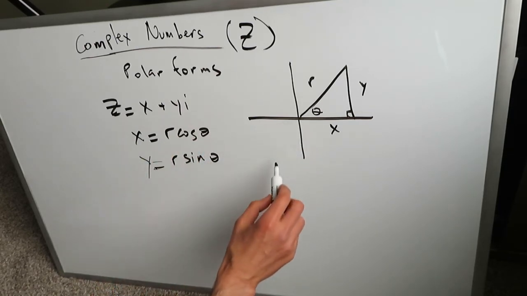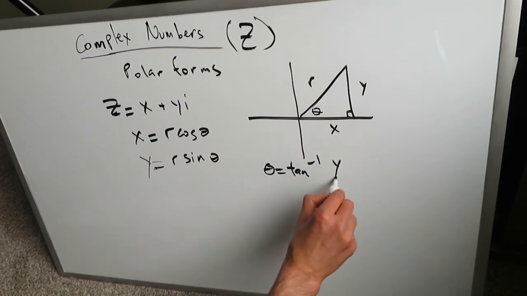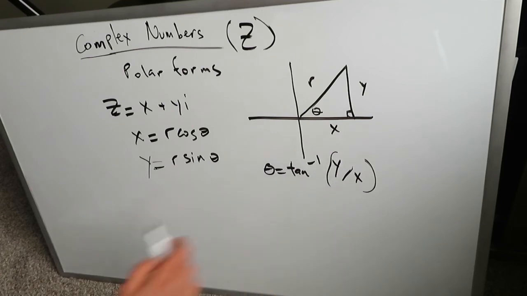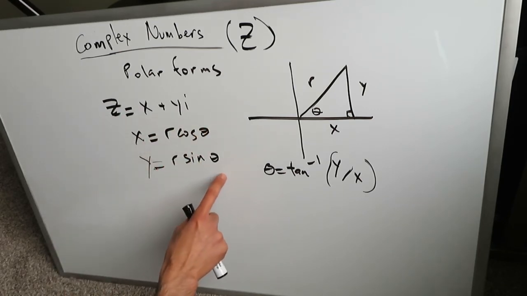And you know here, with regards to the argument, theta is always equal to the inverse tan of y over x. So given all of this, let's start developing a polar form for complex numbers. It's not going to be anything hard, and you know r is your modulus and theta is your argument.